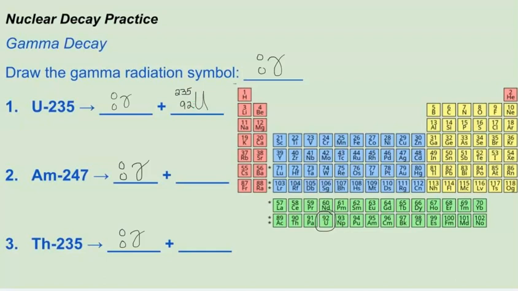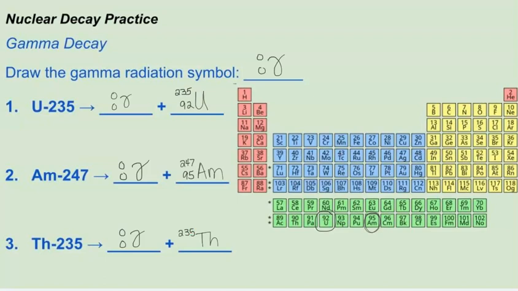Am-247, so we'll write that full isotope notation, Am with 247 at the top. And then, of course, it is number 95. If you come down and find it down here, number 95, so I'll fill in that atomic number at the bottom. And then last but not least, Th-235. We'll write Th with 235 at the top, which is also an acceptable isotope notation.